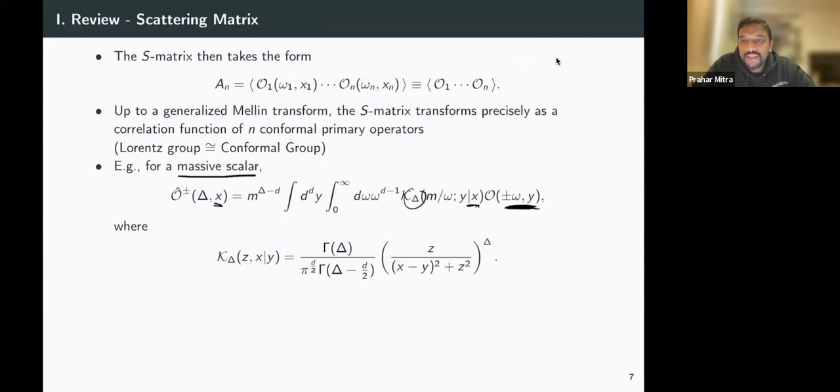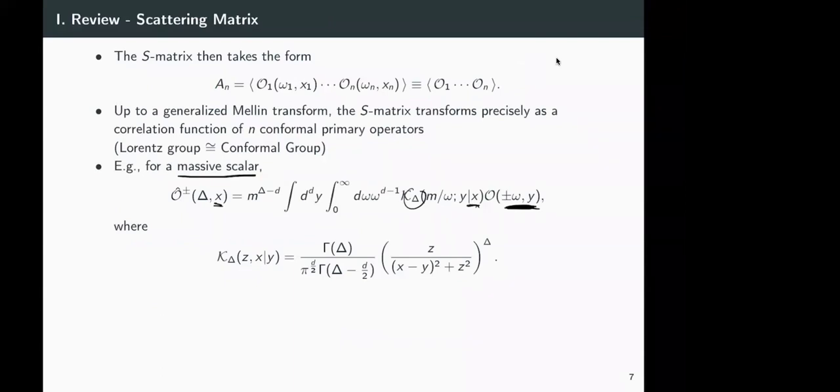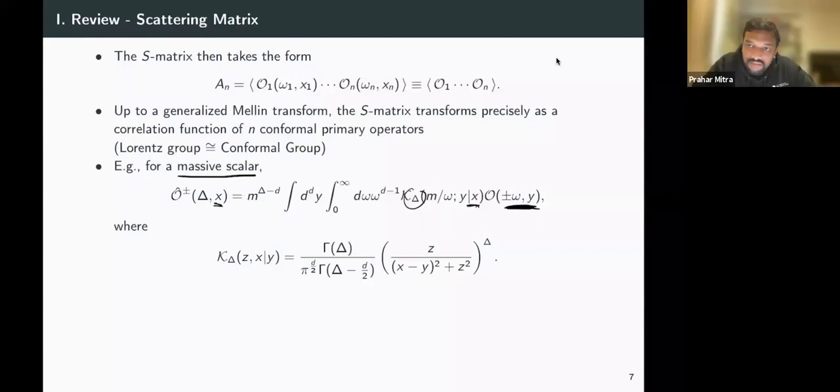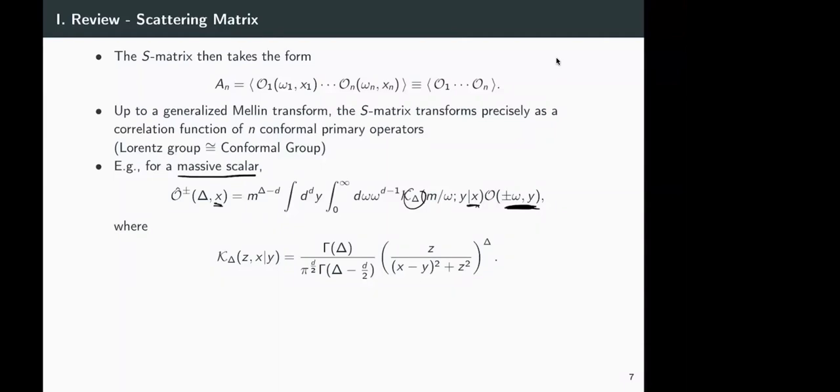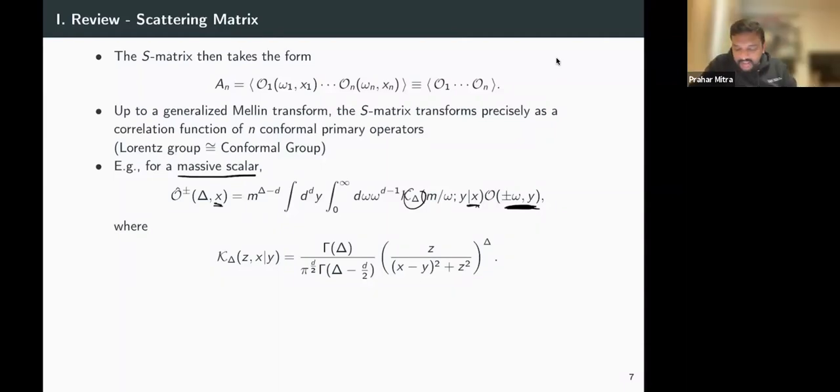Also over X, because you want to prepare something with fixed omega, but in addition to that, also fixed X. Again, it's a matter of basis choice, because this is just a basis transformation. So if you want to construct a particle with a given momentum, where the momentum is diagonalized, then you have to, of course, smear over both delta and X.